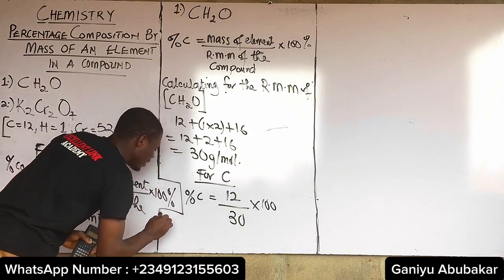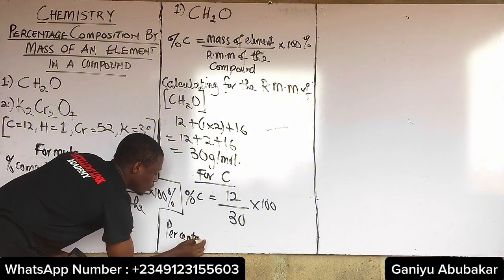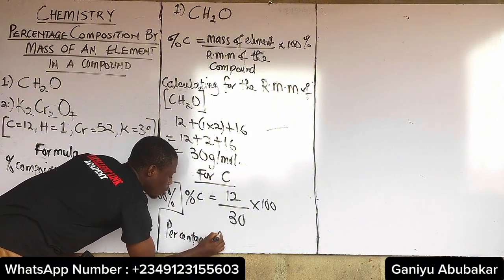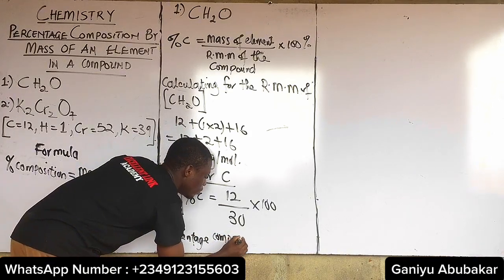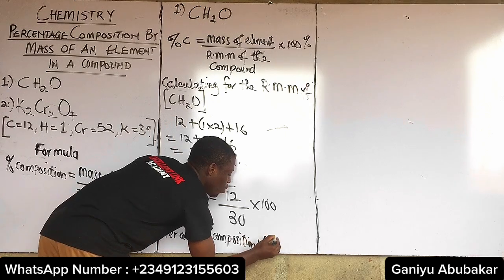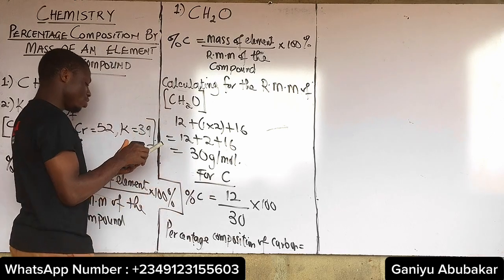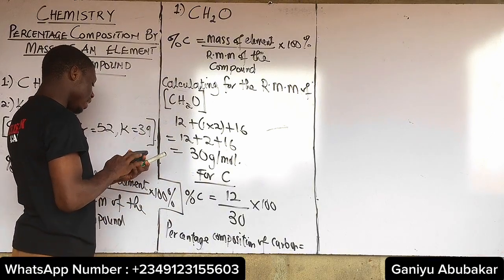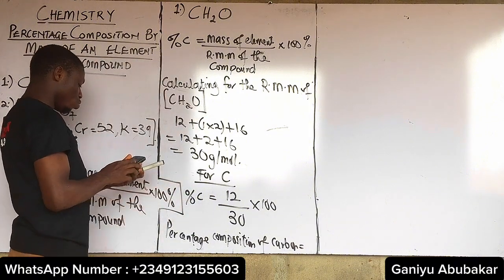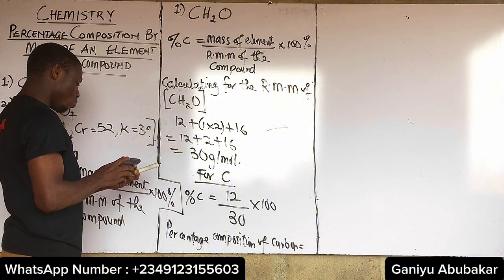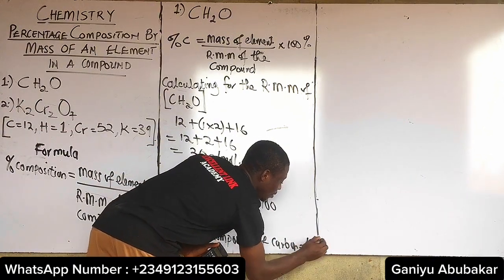So the percentage composition of carbon is 12 divided by 30 times 100, which gives 40%.